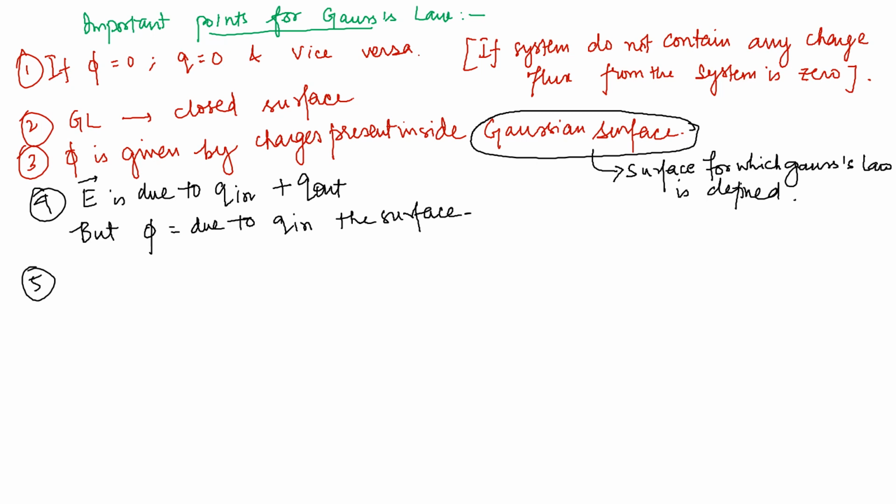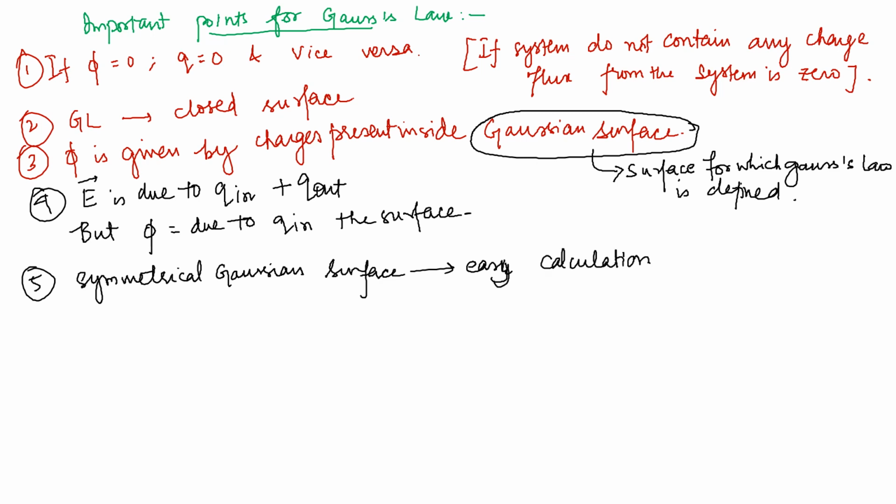Then, symmetrical Gaussian surfaces. A symmetrical Gaussian surface gives us easy calculation. So if we are going for a calculative thing, we need to take some symmetrical Gaussian surface and it will be easy for us to do the calculation.